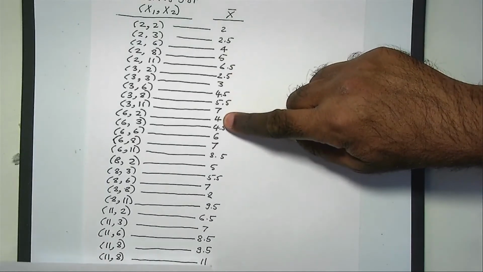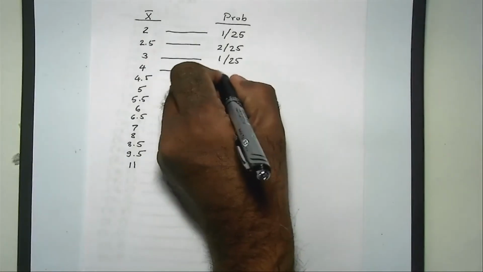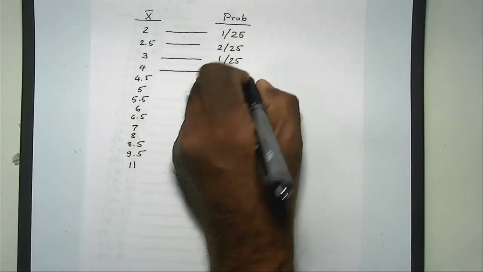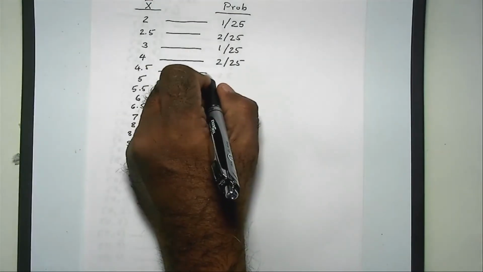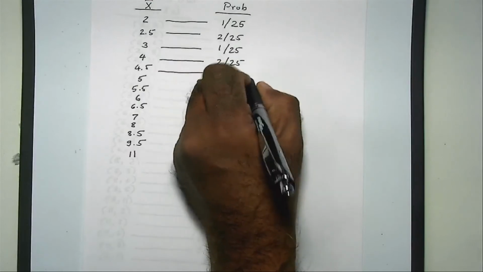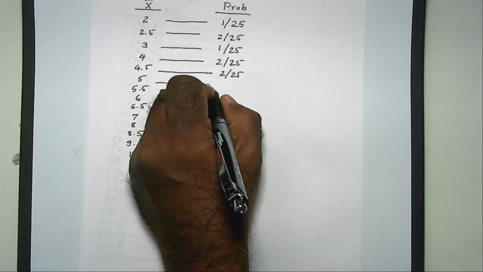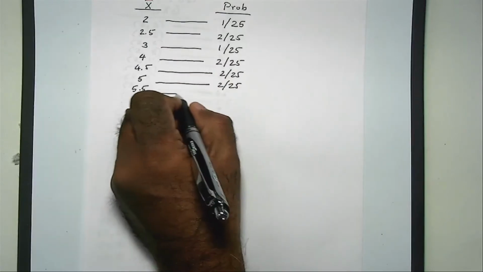So there are 2 outcomes with 4 in it, and the probability will be 2 over 25. And you keep doing that, all right? So for the next one, 4.5, there are 2 outcomes out of 25. For the next one, there are again 2 outcomes out of 25.